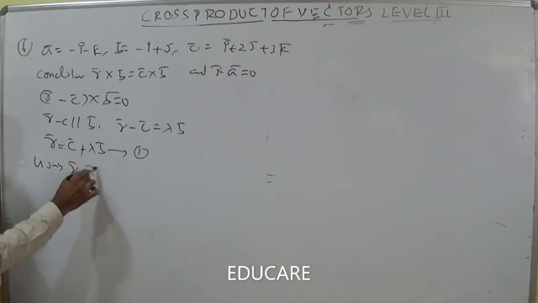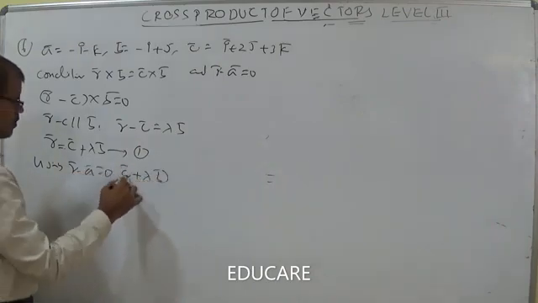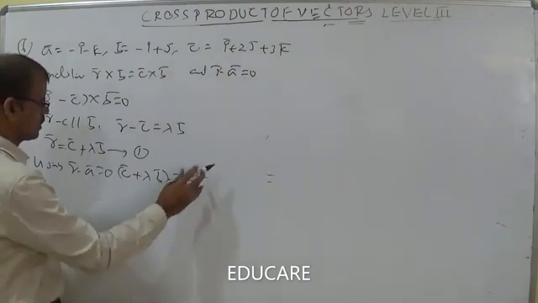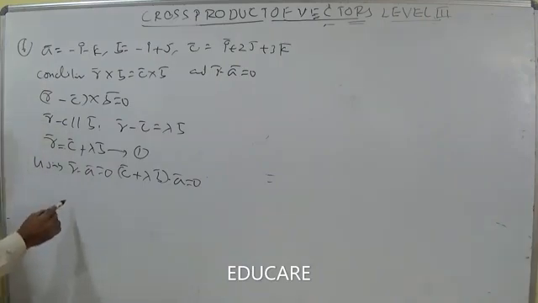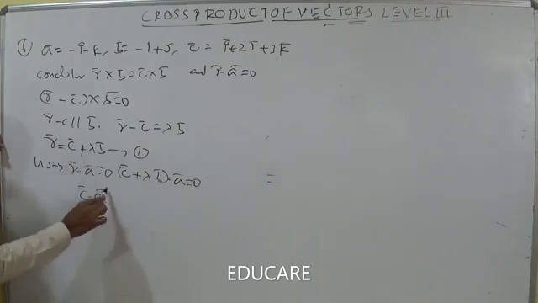Using R bar dot A bar equal to 0, you can write (C bar plus lambda B bar) dot A bar equal to 0. Dot product is not a vector.